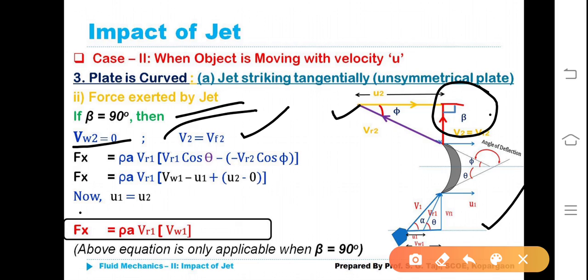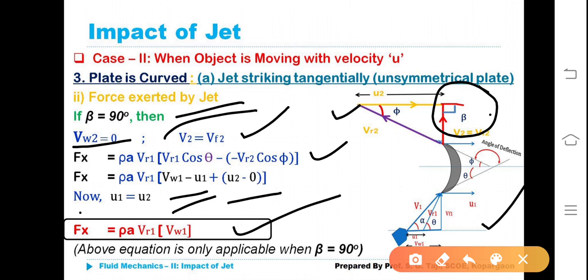Hence, Fx we can write rho A Vr1 whole multiplied by Vr1 cos theta minus of minus Vr2 cos phi. Fx is equal to rho A Vr1 Vw1 minus u1 plus u2 minus 0. Now u1 is equal to u2. Therefore, we get only Vw1 inside the bracket.